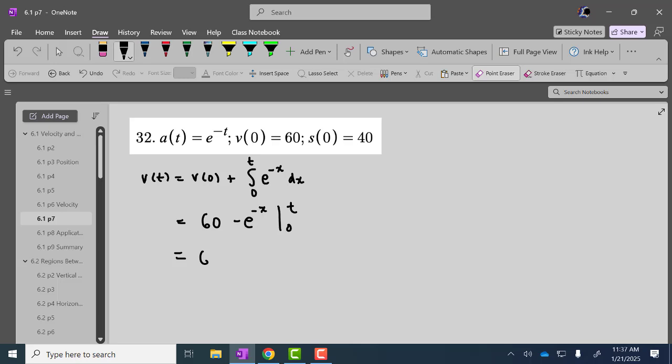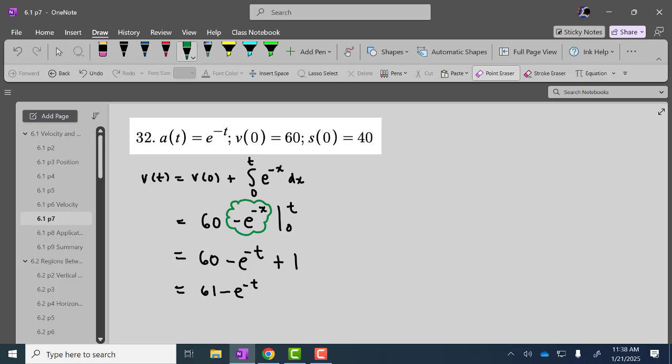And let's see, how many of you did this next step right? Do we have agreement? Any discrepancies? I was a little worried about that. Right? So let's make sure everyone's on board here. So here's our antiderivative.